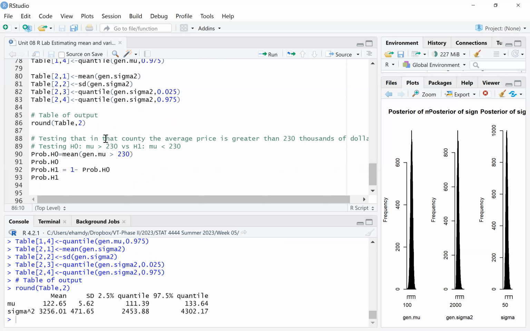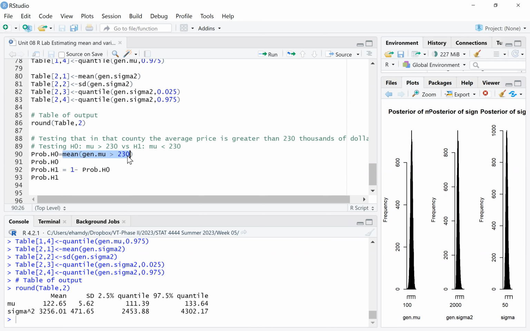If I would like to calculate a p-value, for example, maybe I'm interested in testing H0, the population mean is greater than 230, versus the population mean is less than 230. I can calculate the probability of greater than 230 using the random sample. It is the mean of generated mu samples greater than 230.